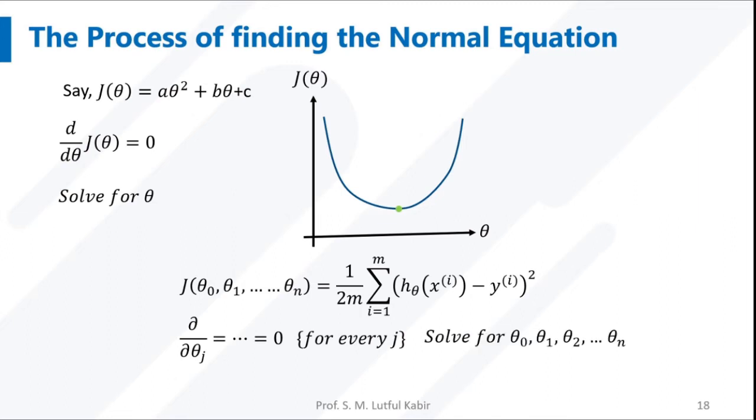So there will be n plus 1 equations, and our number of unknowns is also n plus 1. So we can easily solve and find the expressions for theta 0, theta 1, theta 2, etc.